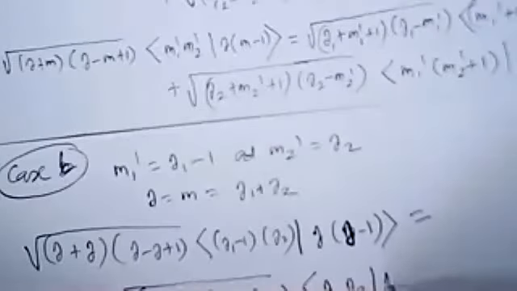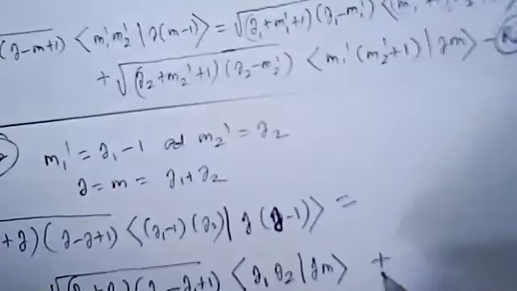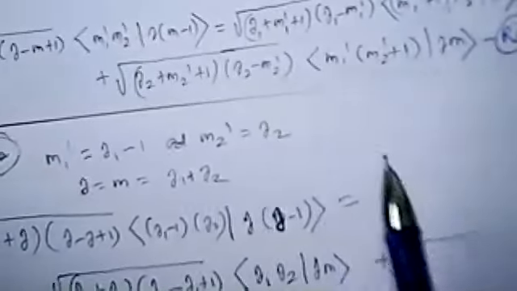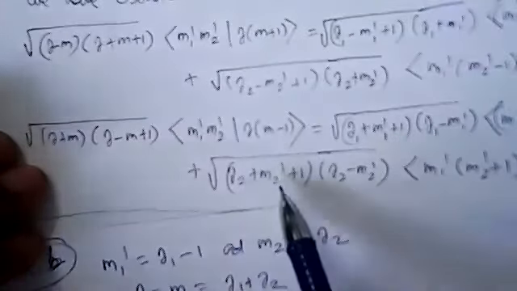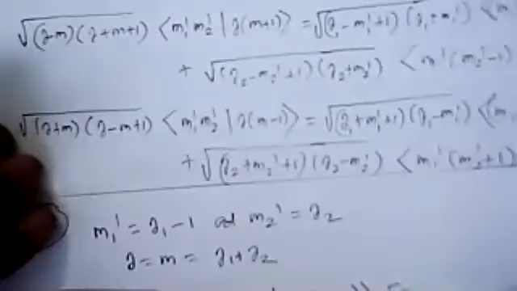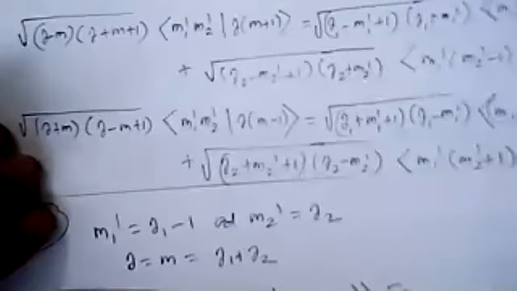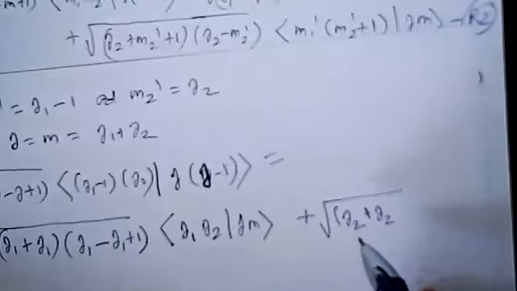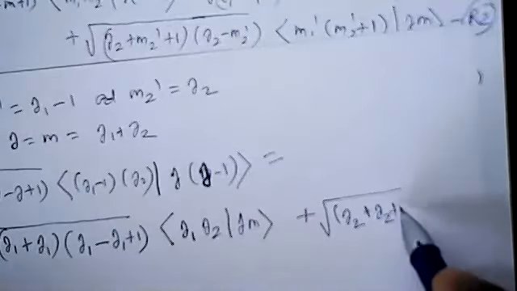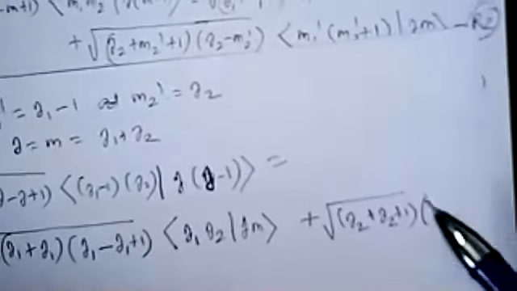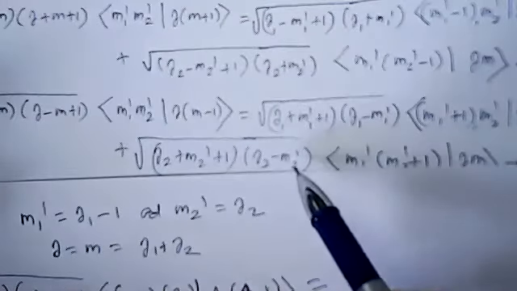Then we get jm plus square root of j2 plus m2 dash plus 1. So m2 dash is also j2, plus 1, into j2 minus m2 dash.